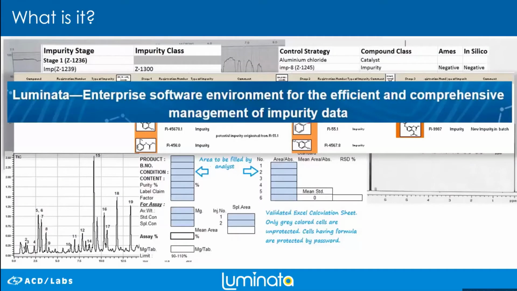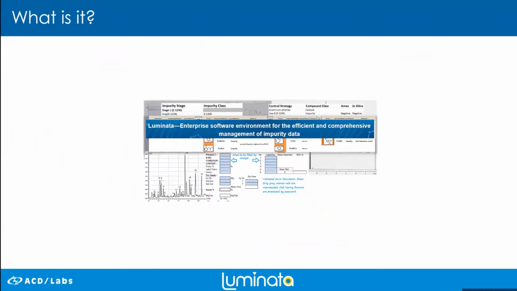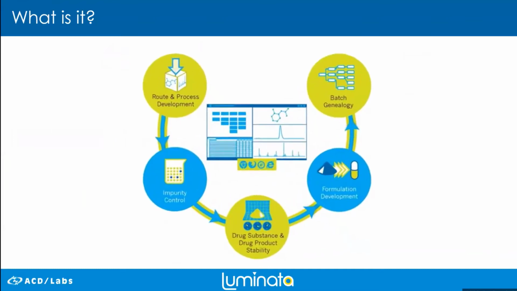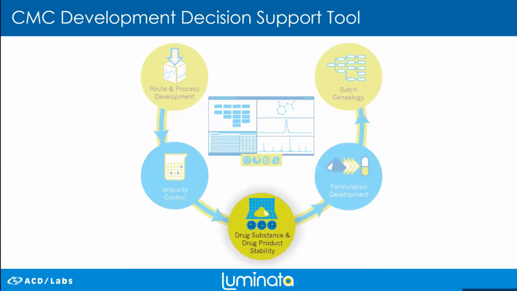Going back to several slides back, to what we've seen in industry, this is what we intended for Luminata when it was very early on in adoption, of how the software can help and go through specific use cases and test cases for impurity management and using those cases for Excel. But in the last version, what we've really done is open up the full umbrella of all drug development. So what we're really focusing on today is the drug substance and drug product stability and that type of workflow. We have offered, like I mentioned earlier, other cases.